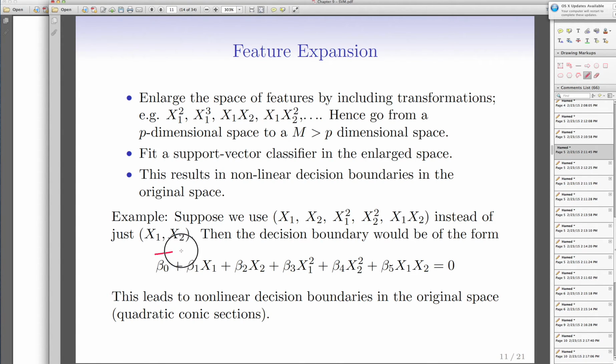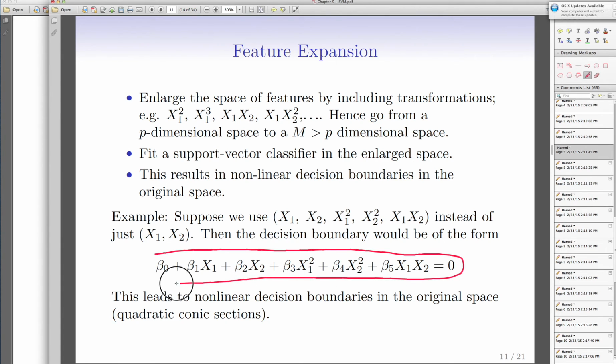For example, this is a quadratic functional form on x1. It has x1, x2, x1 squared, x2 squared, x1 x2. So that's again a hyperplane. This is degree 5, but since we only work on the projection of that in 2 degrees, we get nonlinear shapes.